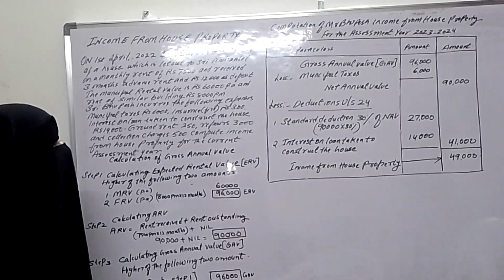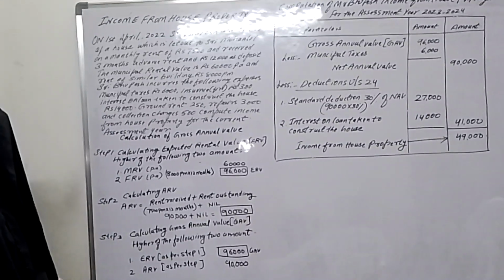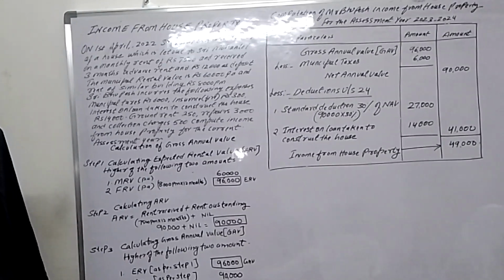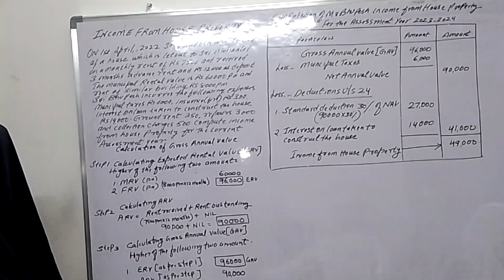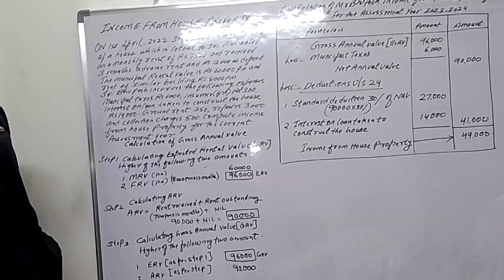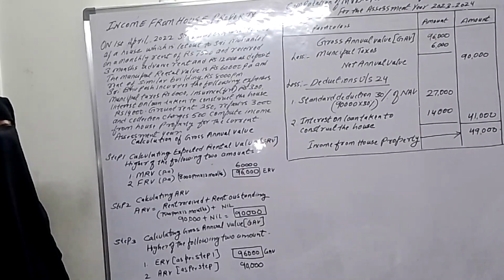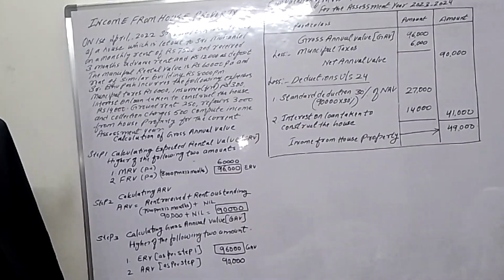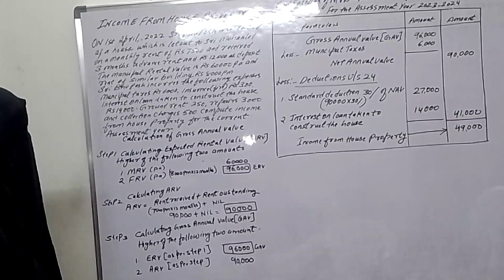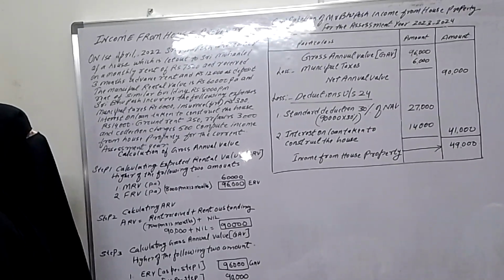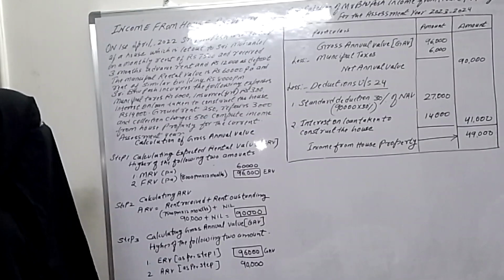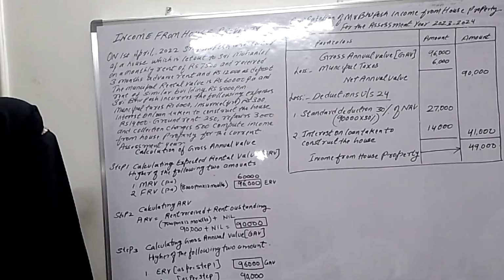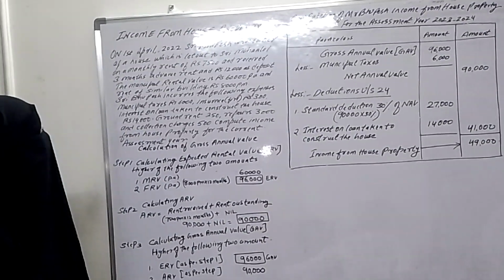Now let's see the question. On 1st April 2022, Sri Bhupesh is the owner of a house which is let out to Sri Mohan Lal on a monthly rent of rupees 7,500. Here monthly rent is given as 7,500, and he received 3 months advance rent and rupees 12,000 as deposit. The municipal rental value is rupees 60,000 per annum, whereas actual rent received is given in monthly form.